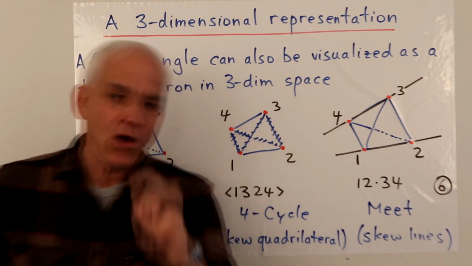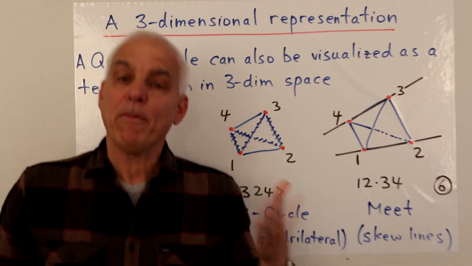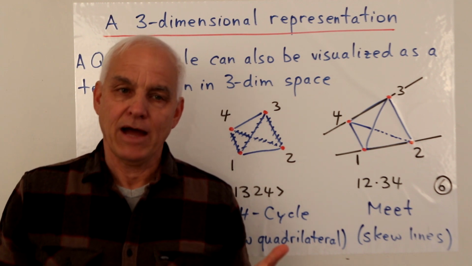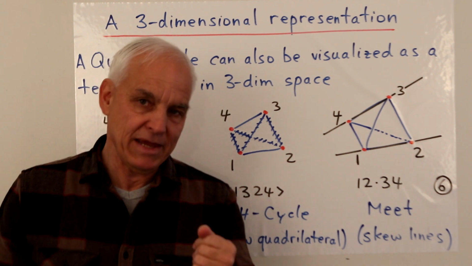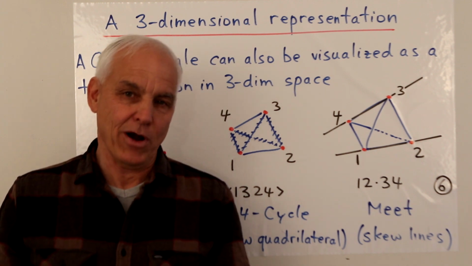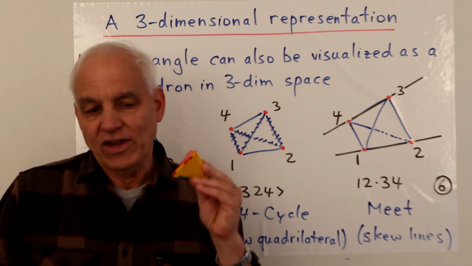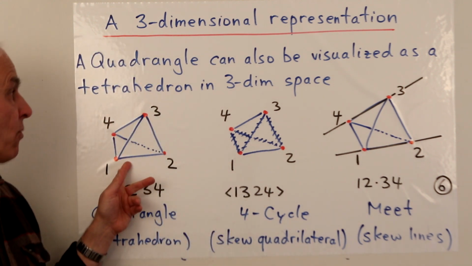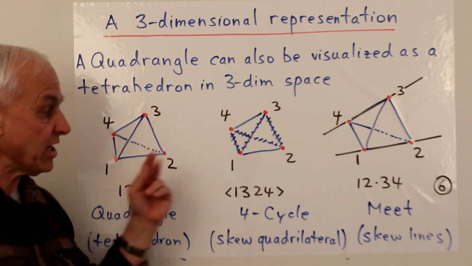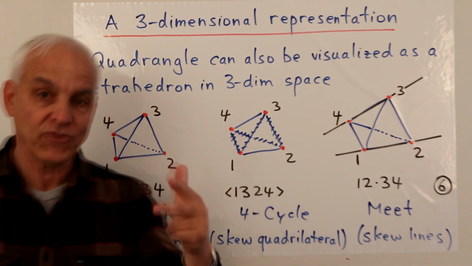Okay, so for your homework, I want you to think about how many 4 cycles there are, how many 5 cycles there are, and maybe even how many 6 cycles there are. 4 cycles is easy because we've seen that every quadrangle is associated to 3 4 cycles.